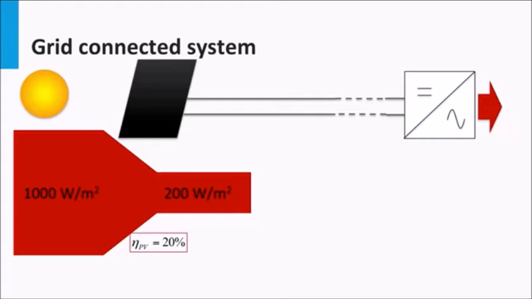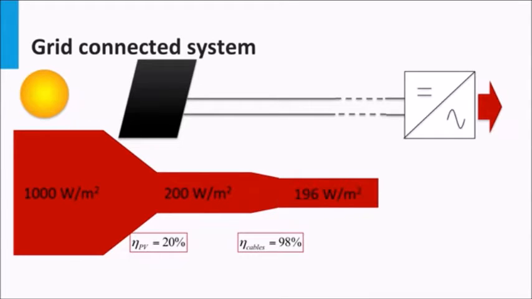In this example, let's assume that we have a cable loss equal to 2% of the PV power production, or equivalently, the cables have a transmission efficiency of 98%. Therefore, the DC power per area going to the inverters is 98% of 200, which is 196 watts per square meter.